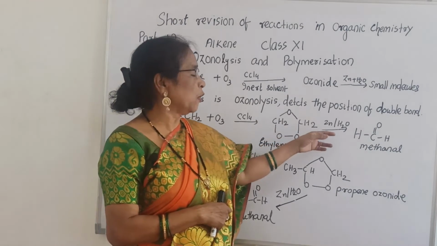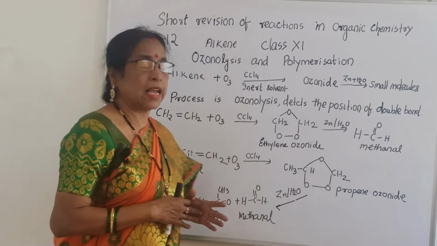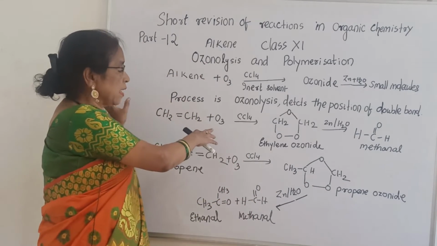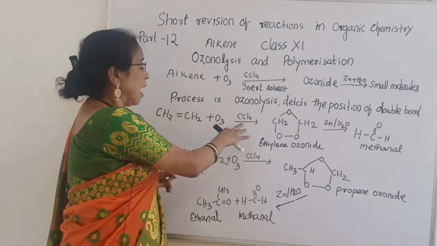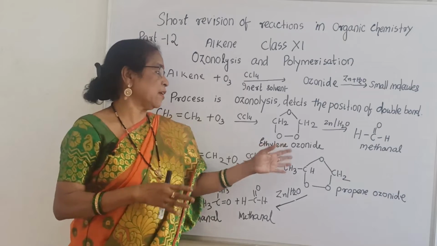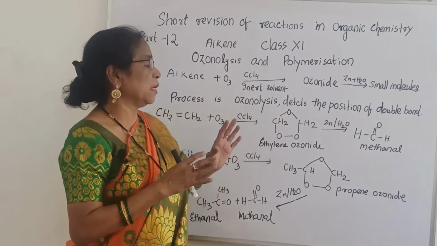Now when treated with zinc and water, it gives methanal. Again see, CH2=CH2 reacts with ozone and gives ethylene ozonide. Ethylene ozonide when reacted with zinc and water gives methanal.